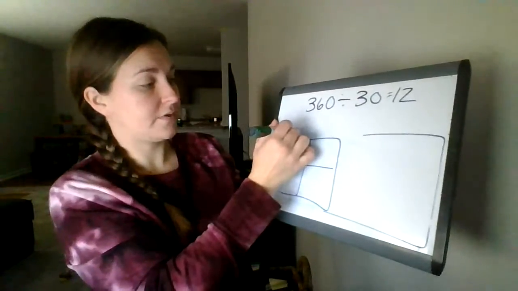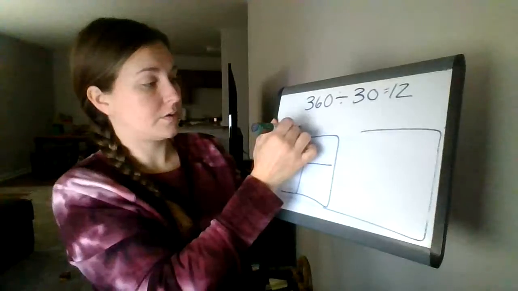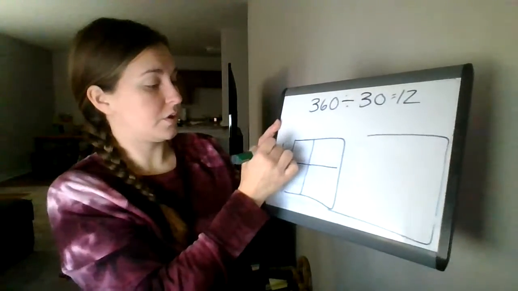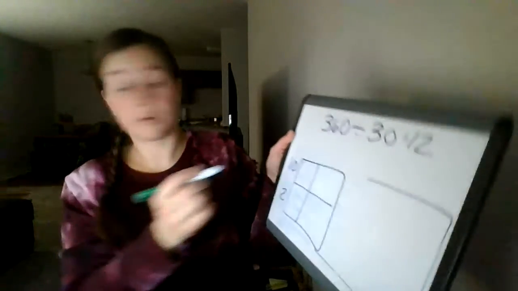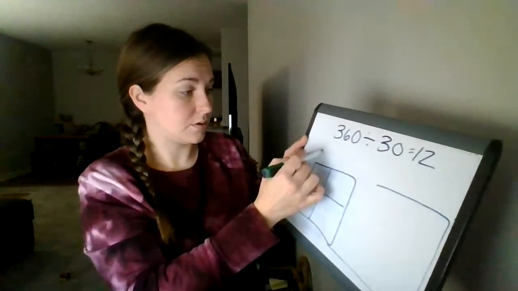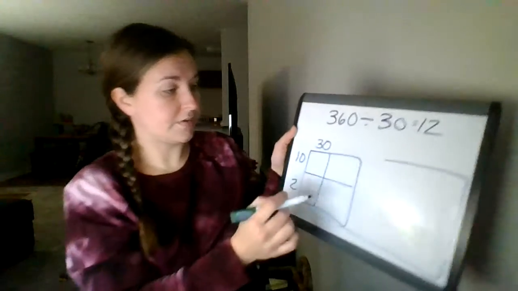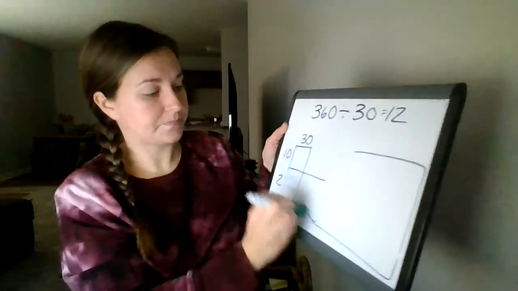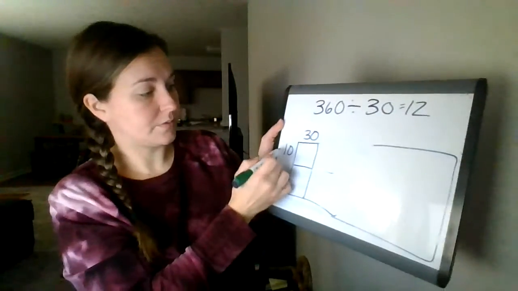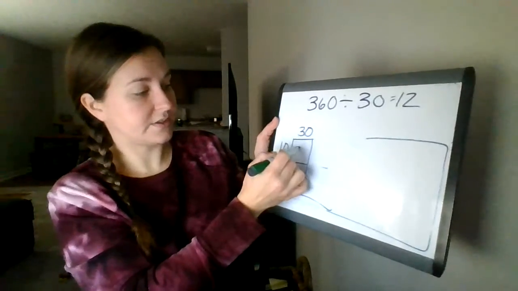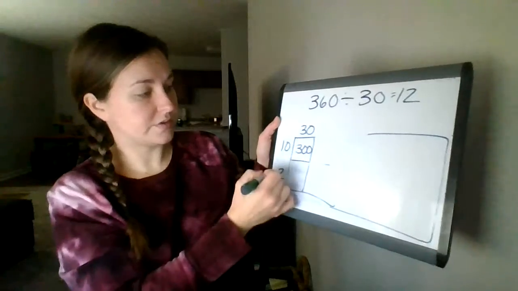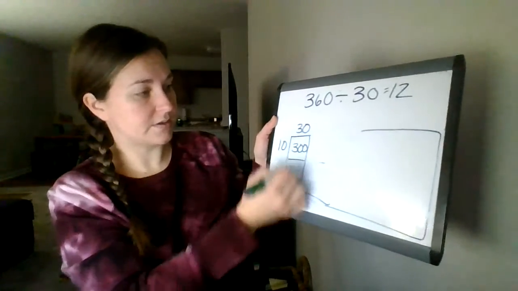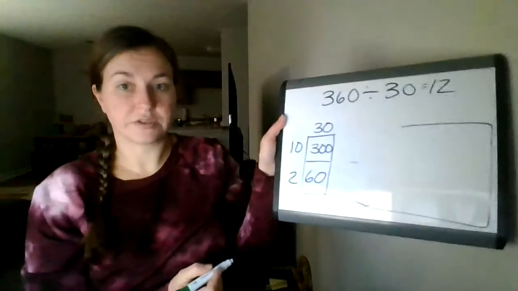So I have 12, so 10 and 2, and 30. So 1 times 3 is 3. My 2 zeros, 2 times 3 is 6. 0, 360. All right.